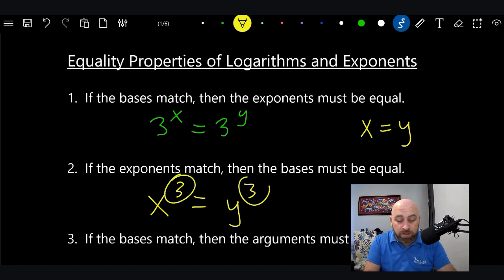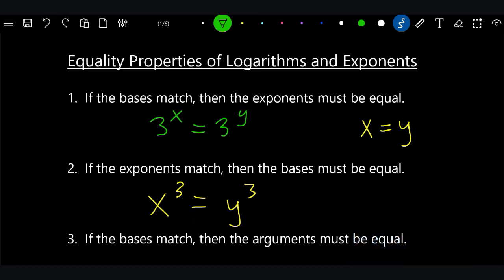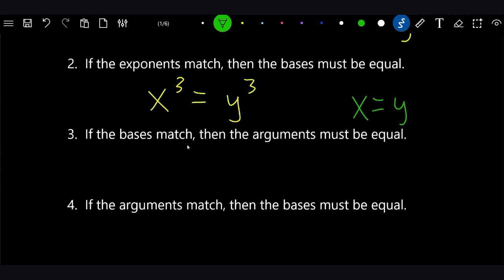Look, we have 3 matches the 3. So what does that mean? Well, then that must mean that if this is equal, then x must equal y. It has to. Why does it have to equal? Because if x is 1 and y is 3, then those two things are not equal.